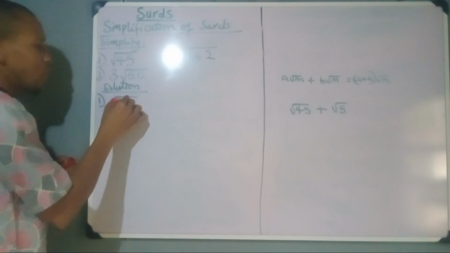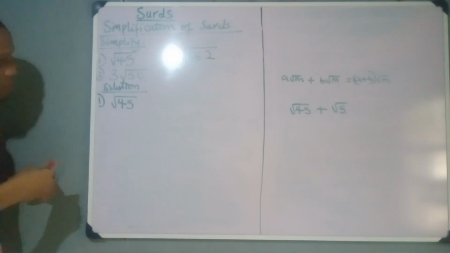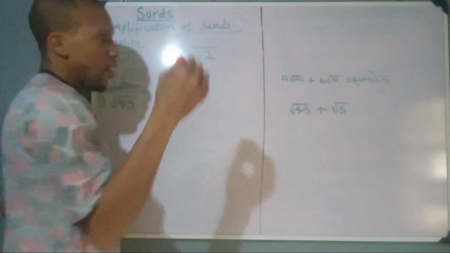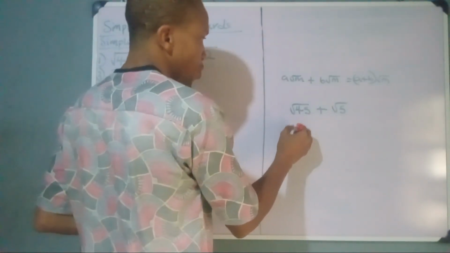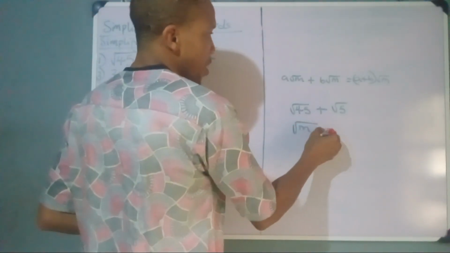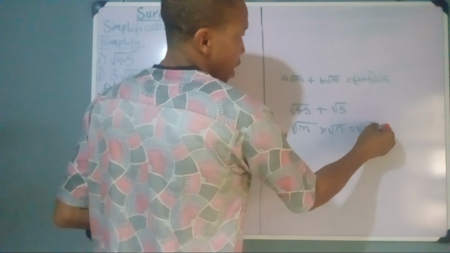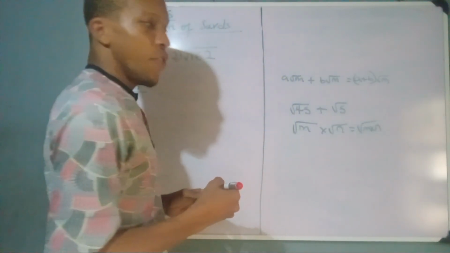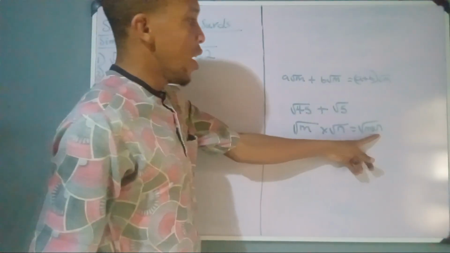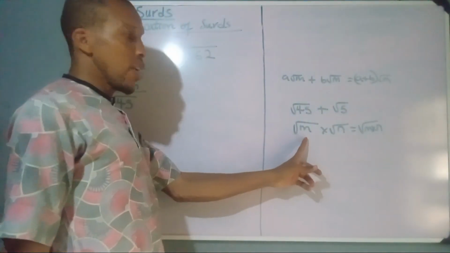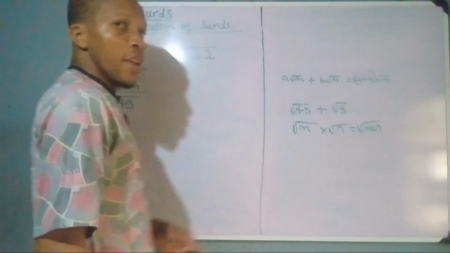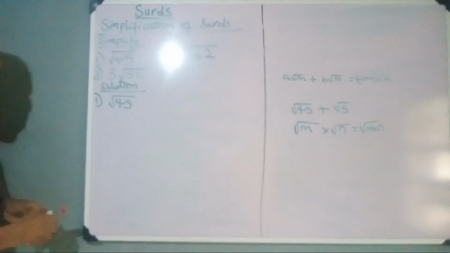If we have root 45, don't forget the rules for surds: root m times root n is equal to root (m times n). In other words, if you have root (m times n), you can also separate it to get root m times root n. So that's what we're going to do here.